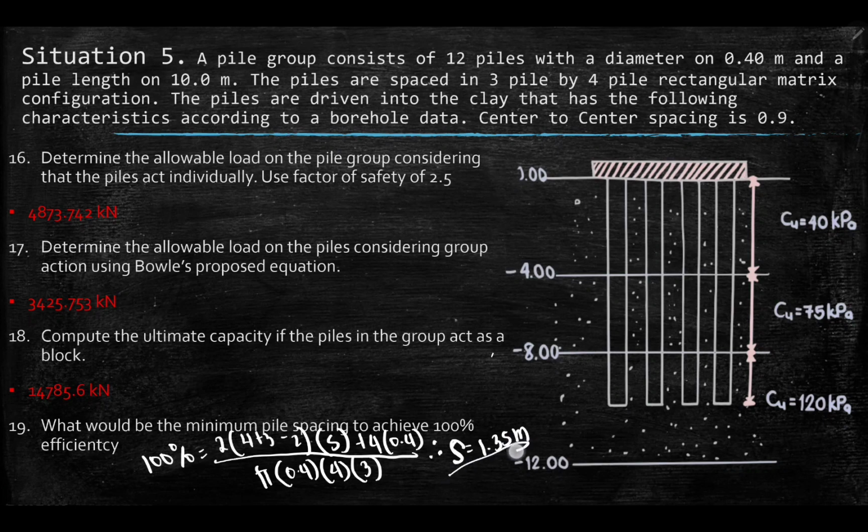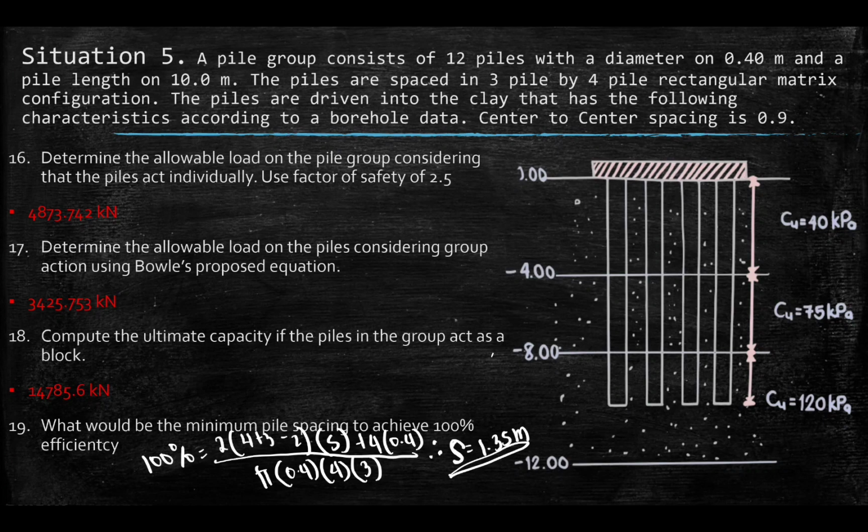meters. Okay? So, if you notice, the spacing between piles really affects its bearing capacity. Okay? So, we have a reduction of bearing capacity when our piles are closely together. It also has an effect when our spacing is far apart. So, what you need to do is, when we talk about minimum spacing between piles, that should be 2.5 meters.